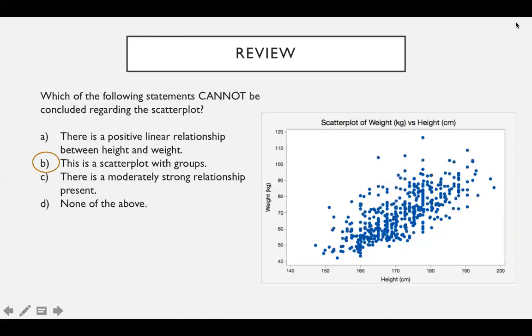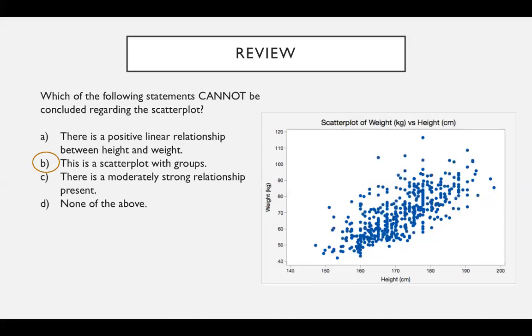So A, there is a positive linear relationship between height and weight. So this is true because you can see the dots are going from the bottom left corner to the top right. So that's a positive relationship. B, this is a scatter plot with groups, so that is not true all the way to the end.